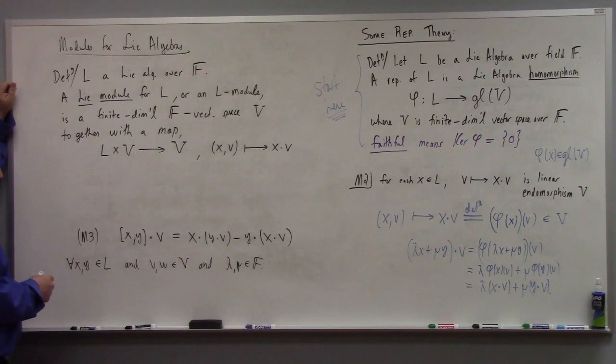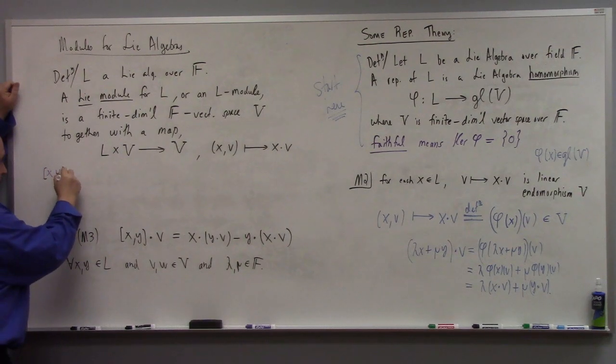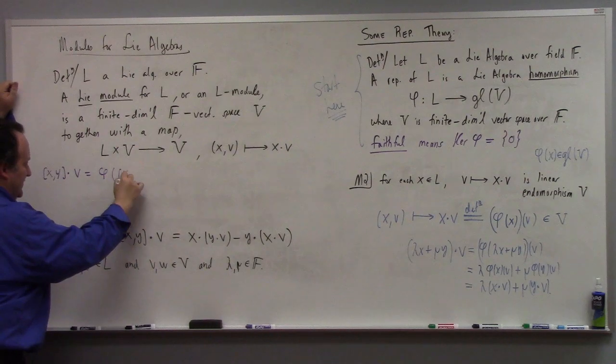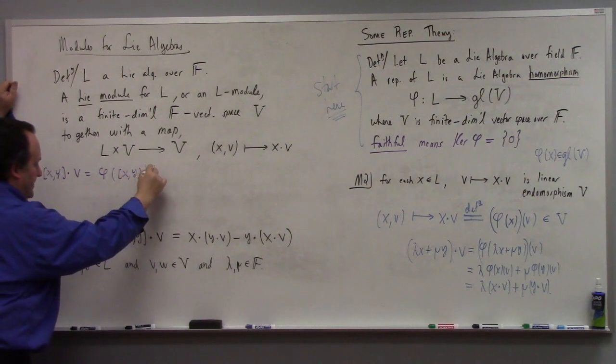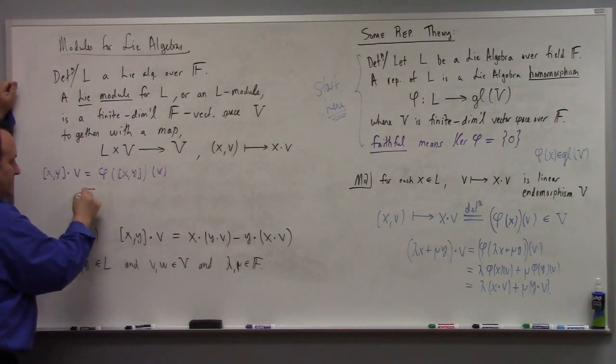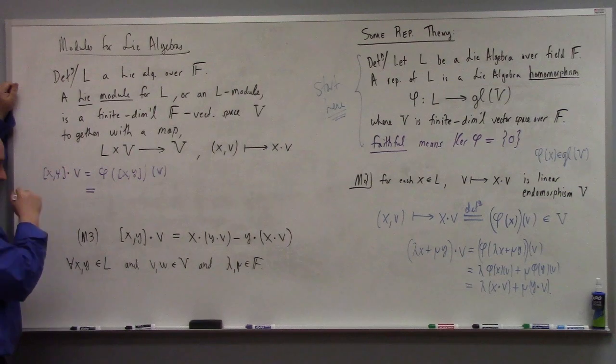But anyway. Okay, so how about this one? Let's try this out. x y dot v would be phi of the bracket of x and y, right, acting on v. But how does that go? It's a Lie algebra homomorphism, right?